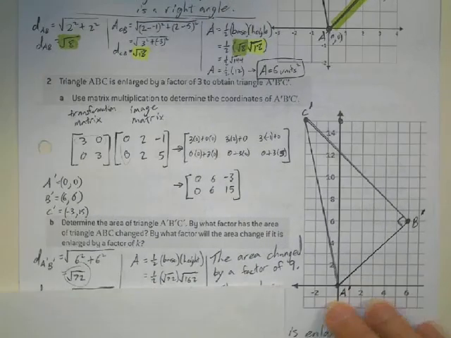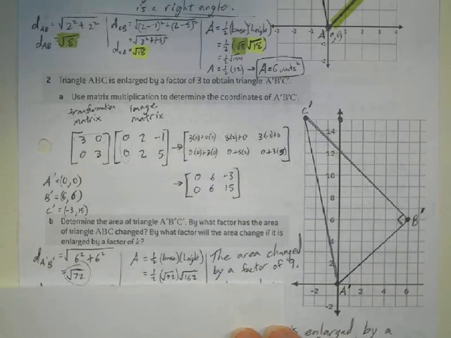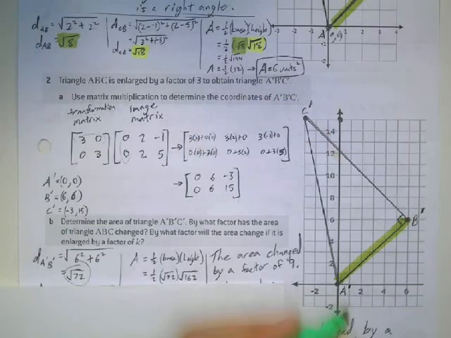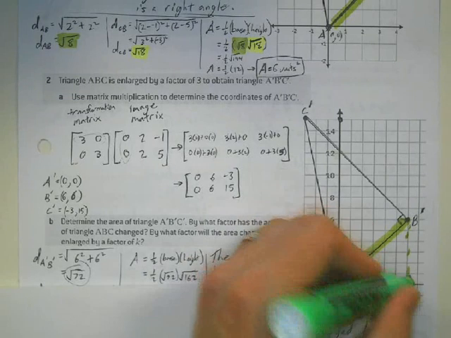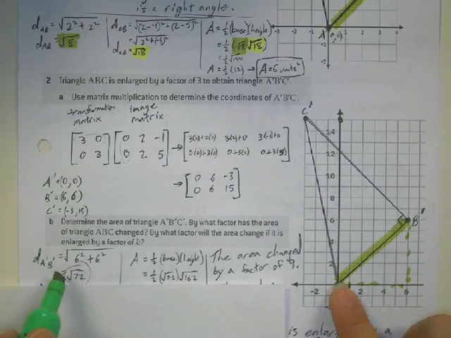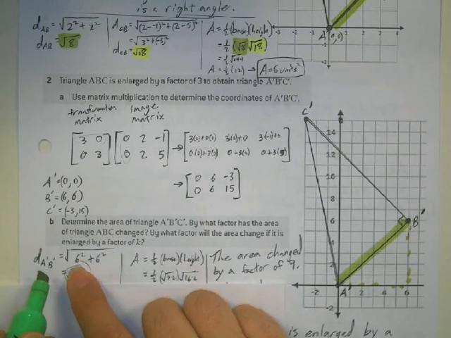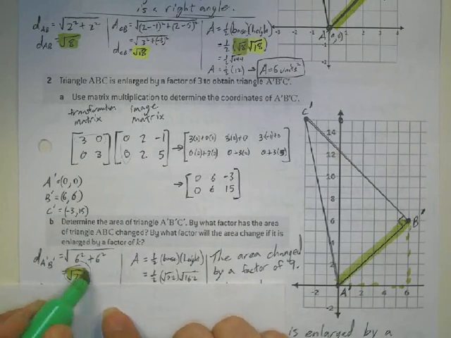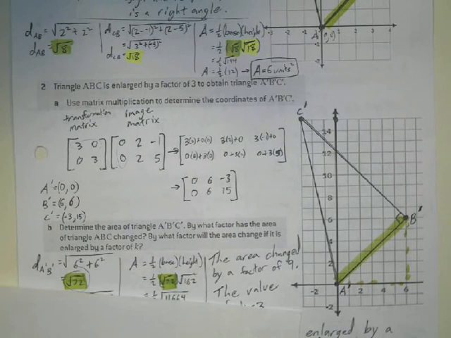The distance from A prime to B prime, from here to here, I'm going over 6, and then I'm going up 6, right? So we can use the distance formula, which is kind of like the Pythagorean theorem. 6 squared plus 6 squared gives me square root of 72. So that is the length of this green line.